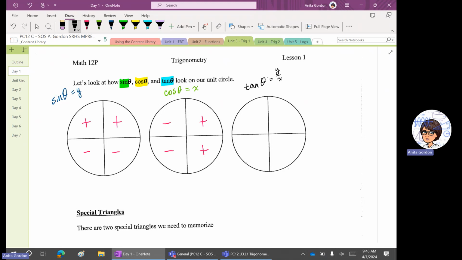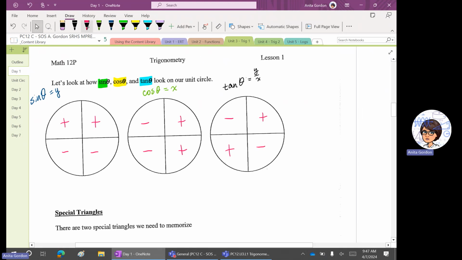So anytime the signs are the same, then tangent will be positive. So it's positive up here and it's positive down here, right? Because I have negative, negative. Negative divided by negative gives me positive, right? So tangent is positive in the upper right and lower left corners, and it is negative in the other two.